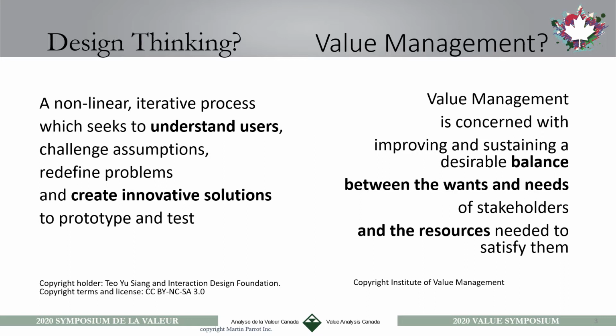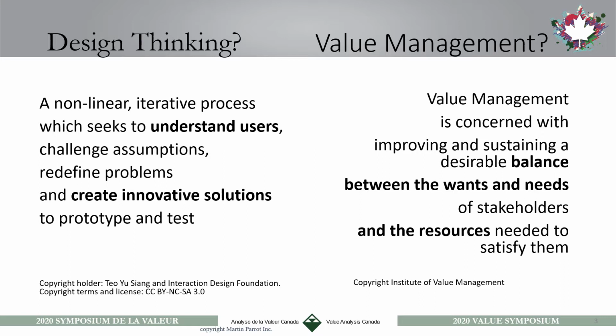So value management, if you look on the right, is concerned with improving and sustaining a desirable balance between the wants and needs of stakeholders. So we're not talking here about users only, but many more people than the users, all the stakeholders. And so we're looking for the balance between the needs of these stakeholders and the resources that are required to satisfy these needs.